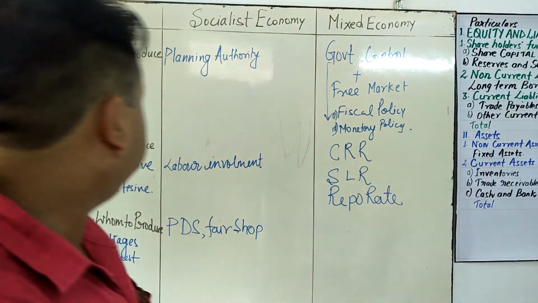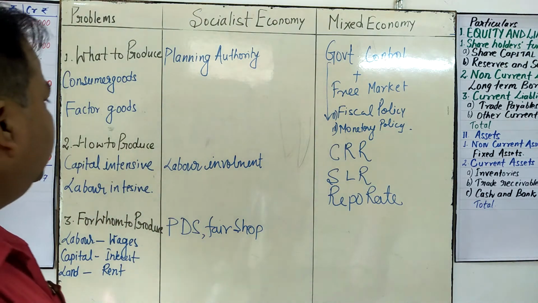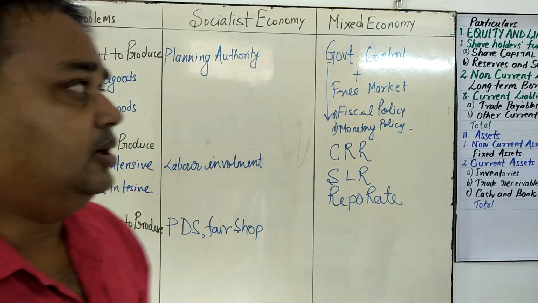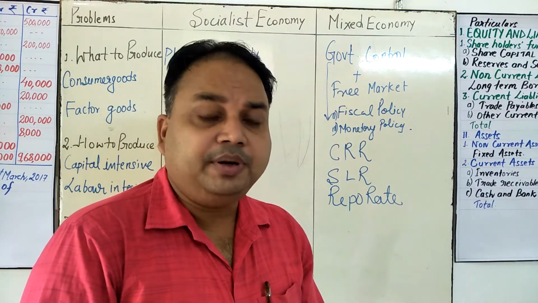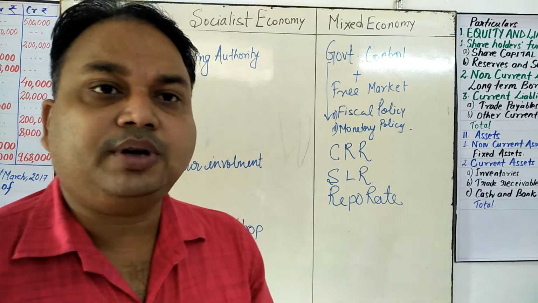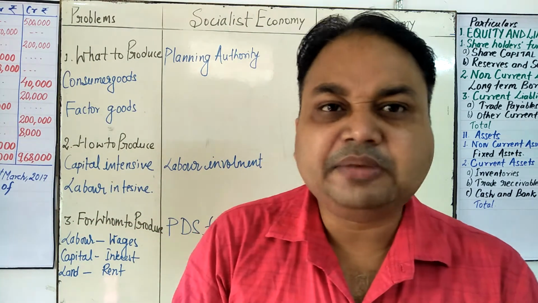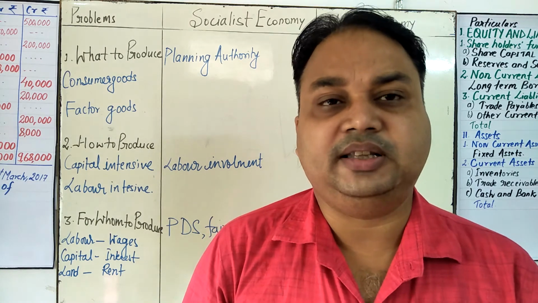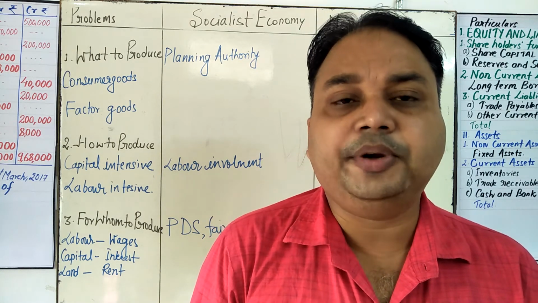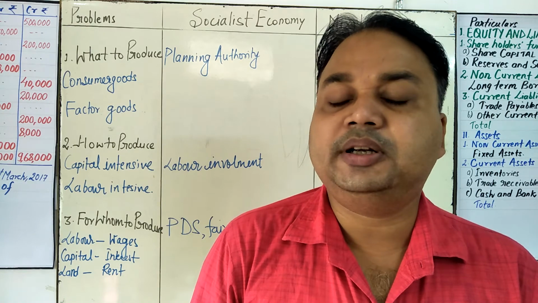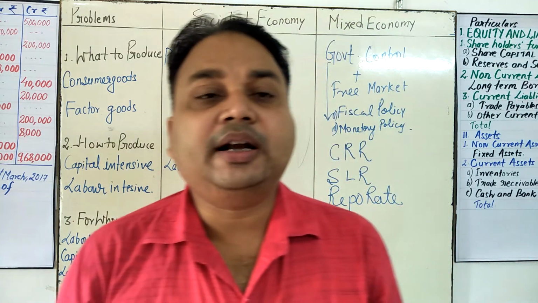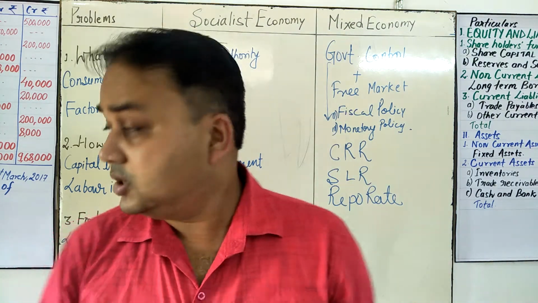My dear student, you have to observe here how to produce. Naturally, in free market competition, they are going to use maximum capital intensive techniques. The private entrepreneur utilizes capital intensive techniques, but the government tries to utilize labor intensive techniques.